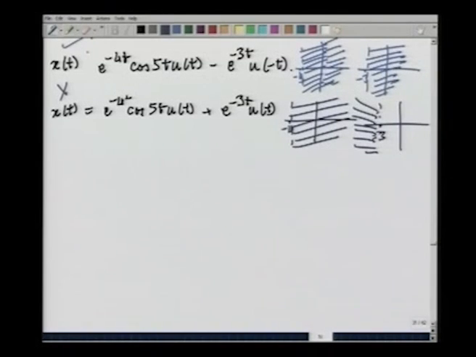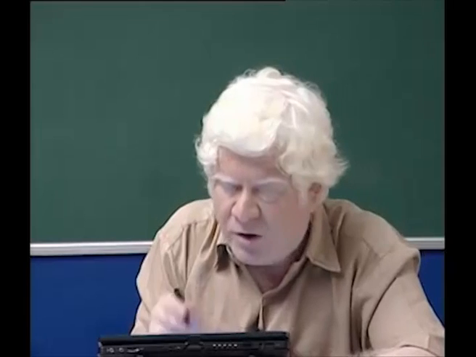If you combine these two together, you would get a narrow ROC like this, a boundary at minus 3, another boundary at minus 4, you would get an ROC that is just this much. And that is borne out by our earlier result, that when you have an ROC which is a narrow band, which is the intersection of a leftward and rightward ROC, it must correspond to a two-sided signal. This indeed is a two-sided signal.